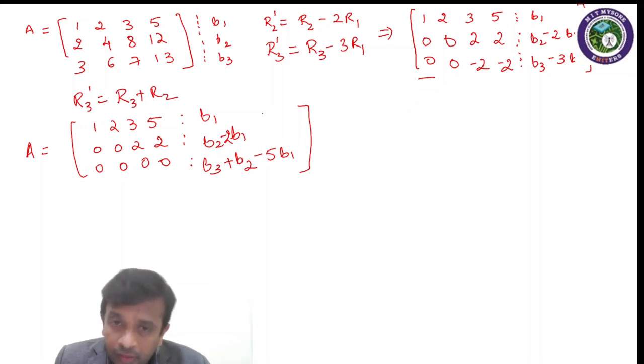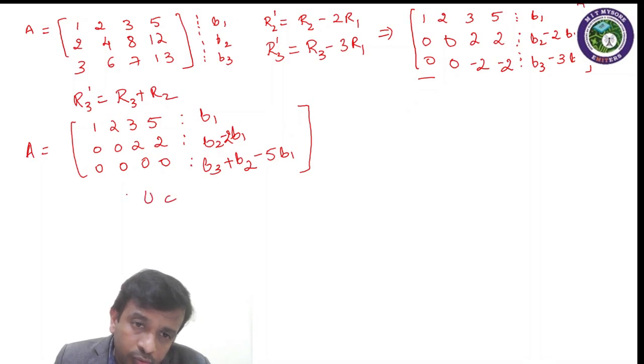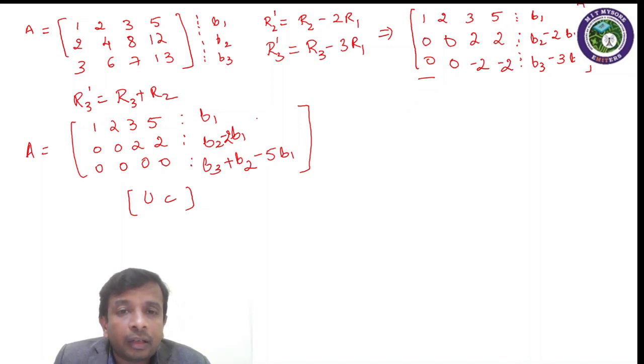So we see that this matrix is in the form of U c, that is Echelon form, and the column vector c with changes in b1, b2, and b3. That is when the row operations are done on b1, b2, b3 as well.